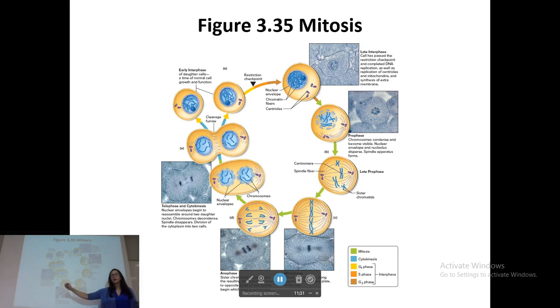And then it gets pulled apart so that this side is going to have the same identical information as that side. And then here we see cytokinesis occurring with the cleavage furrow, which has proteins in there that squeeze apart the cell, and then you end up with two separate cells, which are then going to go back to interphase. So it cycles back around.